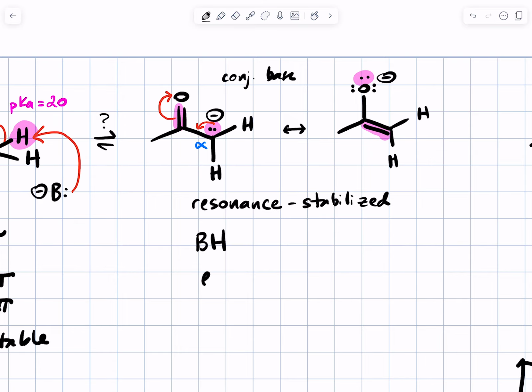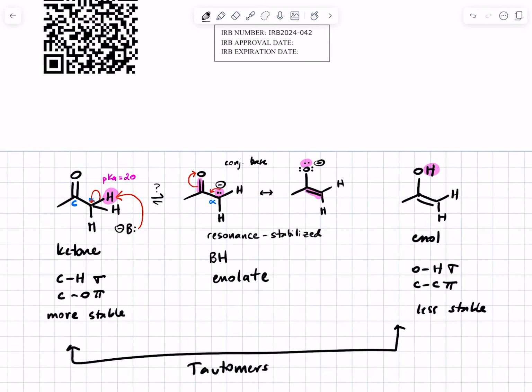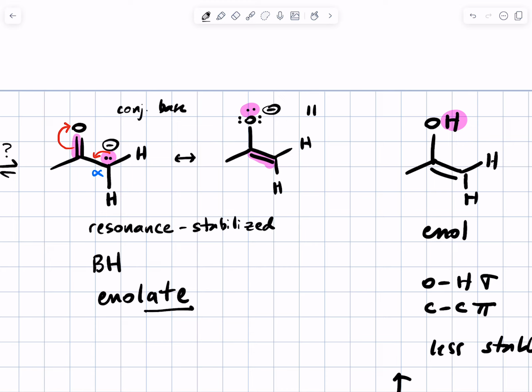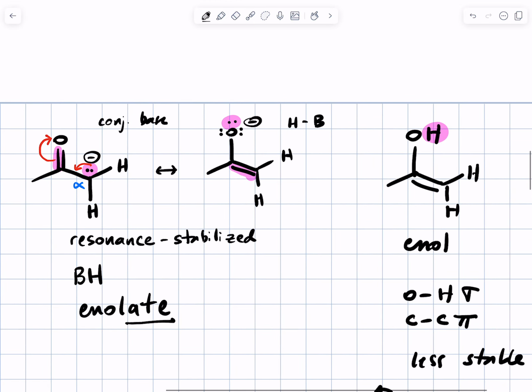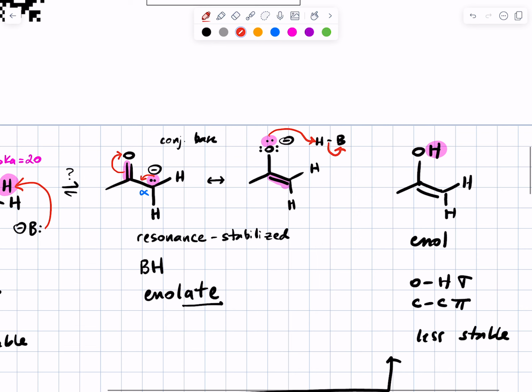We're going to call this conjugate base an enolate, and that has reference to the fact that its other conjugate acid, if you add the proton on the oxygen, so I can show you how to get to the enol, involves protonation on the oxygen, and then that gives you the enol.